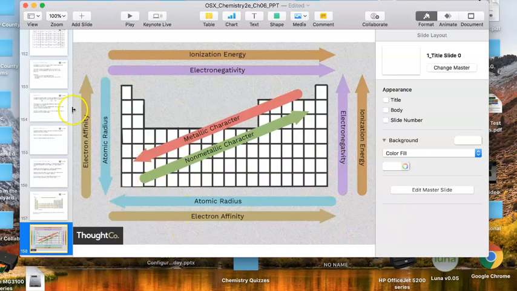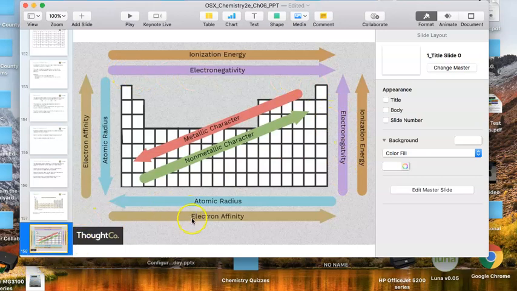So you might want to jot this down on your periodic table. Whether it's metallic or non-metallic, you probably already know this, but we're going to talk about this towards the end of the lecture. But we're going to be going through each of these three things: atomic radius, ionization energy, and electronegativity. And we're going to talk about the trends on the periodic table.